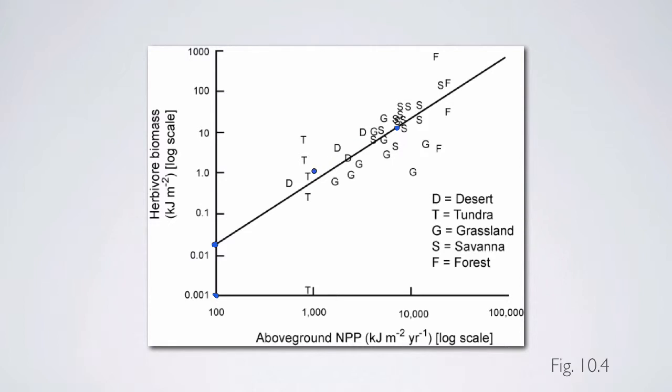So we're looking at 1,000-fold less biomass of herbivores than there is ANPP. When we look across these ecosystems, deserts, tundra, grassland, savanna, and forest, there's a pretty good relationship across these ecosystems, at least as far as how much herbivore biomass you have.